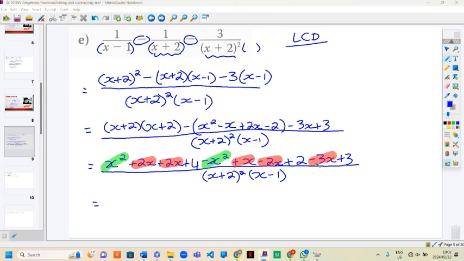Awesome, that's looking nice. Those are all going to cancel out as well. Fantastic. Finally I'm left with 4 plus 2, which is 6, plus 3, which is 9. So I'm left with 9 all over my delicious denominator there, which is x plus 2 squared and x minus 1. I hope that is all making sense.